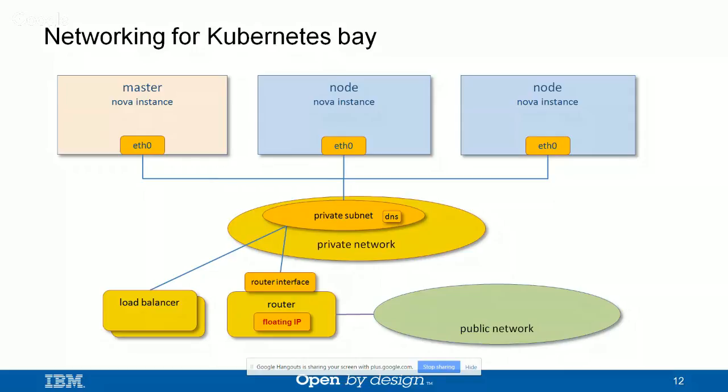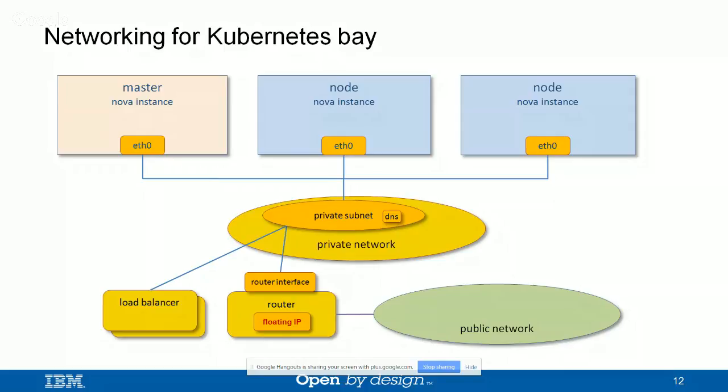In the middle at the bottom here is what the networking looks like once we create all the Neutron network and subnet and so on, and hook everything together. Each of the Nova instances would have an interface connected to a private subnet, and that private subnet lives in a private Neutron network.